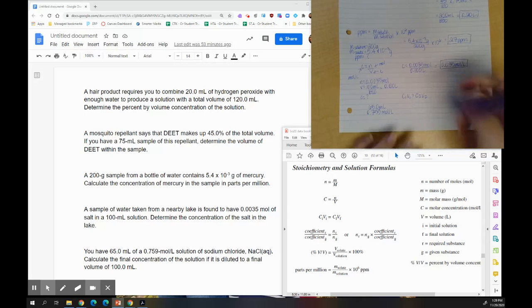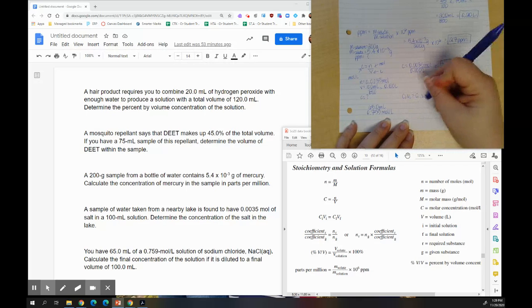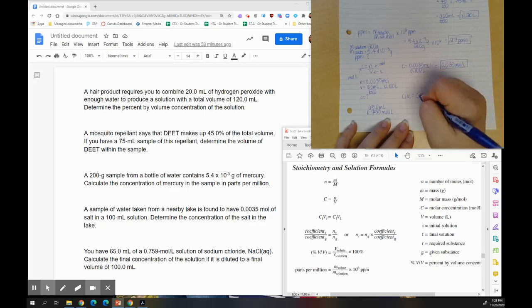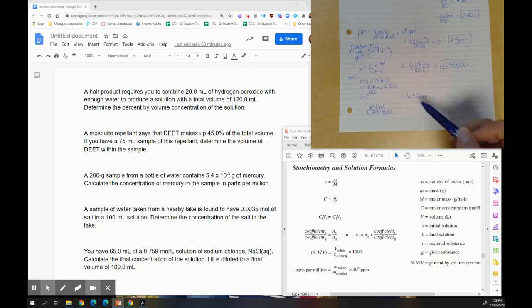So depending on if you use the letters or the numbers, you could say your initial versus your final. Whatever you prefer, you can do 1 and 2, or you can do I's and F's. So kind of your choice, whatever you like better.